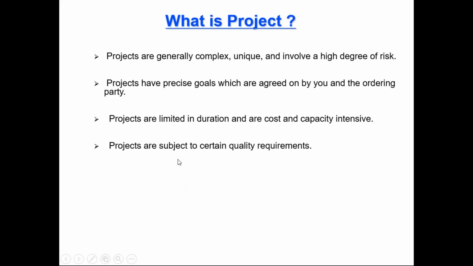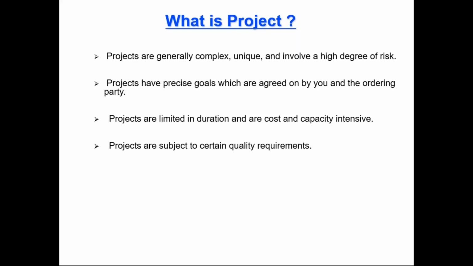Here, projects are limited in duration, so a project will have a start and end date. If there is no start date and end date, and it is a continuous process, then it becomes an operation, like the routine maintenance we used to have. We don't have any start or end of that maintenance, so we call it an operation. Or let's say any machine is operating.